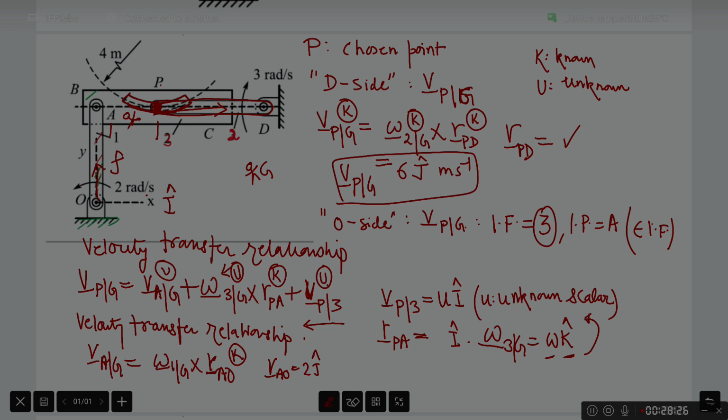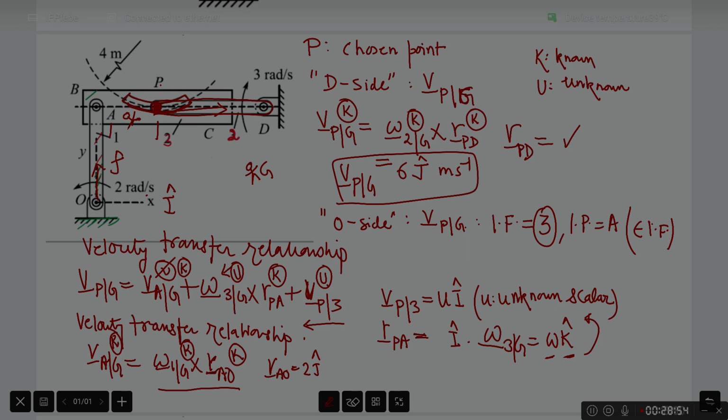What is omega 1G? Omega 1G is also a known quantity coming directly from the problem statement. We identified that on the first slide itself. So with everything known on the right hand side, VAG is now a known quantity. So I go back here, strike off U, and I write VAG as a known quantity.